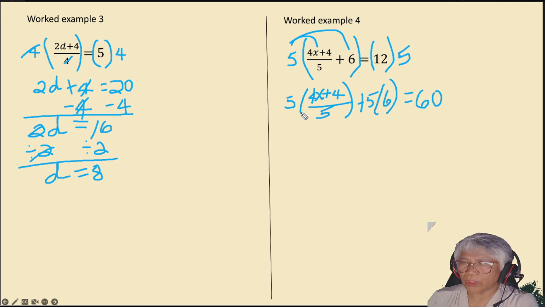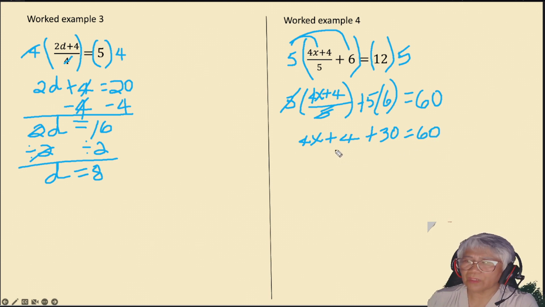Now we are going to simplify it further. This multiplied by this fraction here, we can cancel out that. So you have 4x plus 4 plus 30 equals 60.